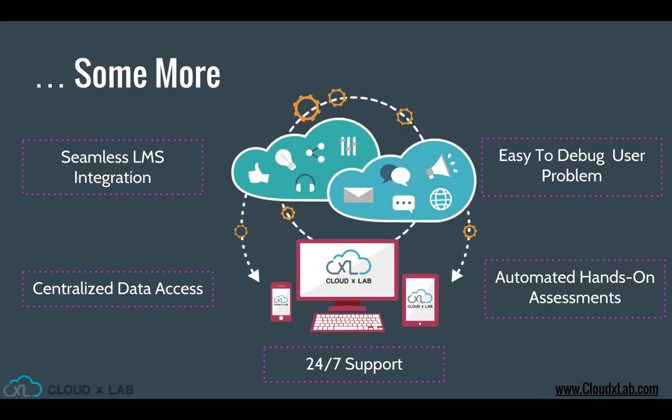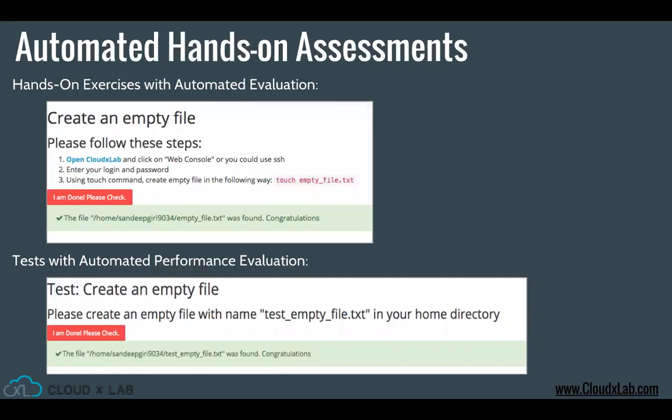Next is we have built something called automated hands-on assessments. For example, let's take a look at this. So I provide the steps, do these 5 steps, and once you are done, click on I am done, please check. And then our program goes into your workspace, checks whether you have done things correctly, and then confirms it. If you haven't done it correctly, it will tell you these are the things you have made wrong.